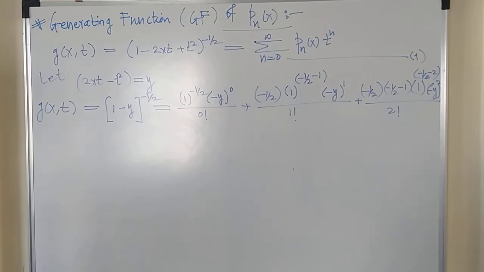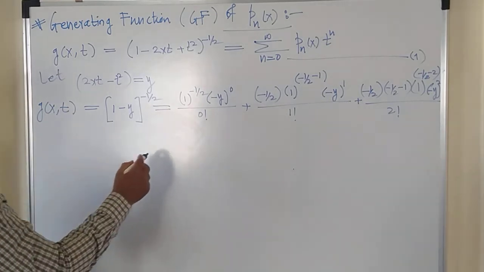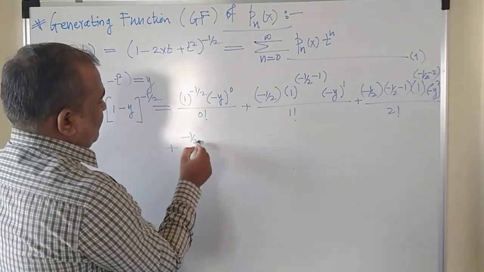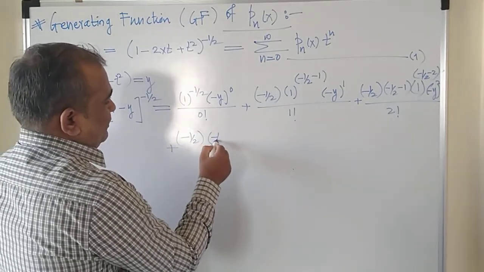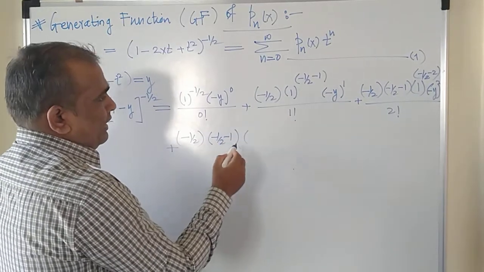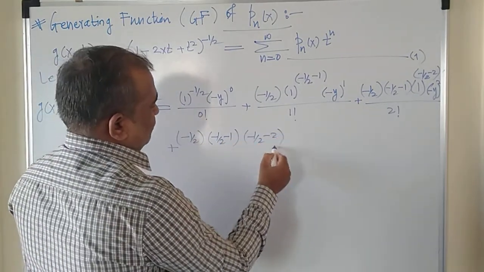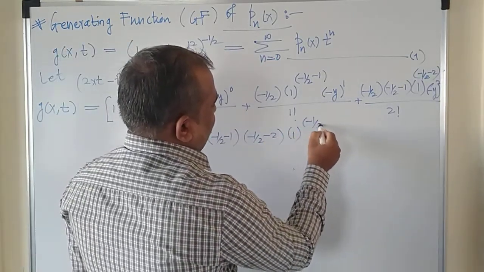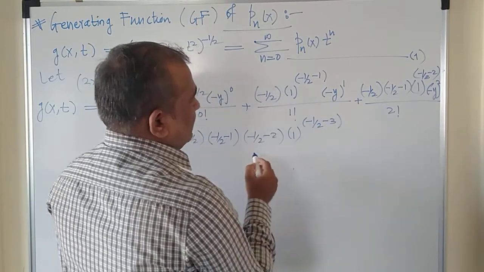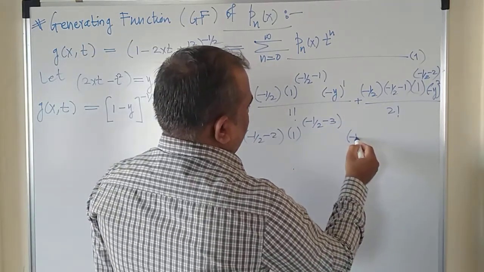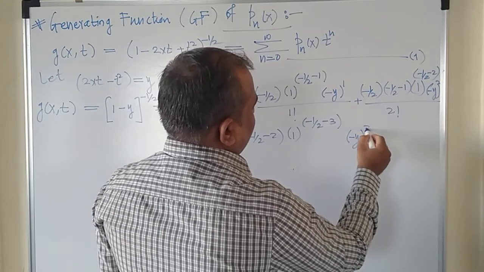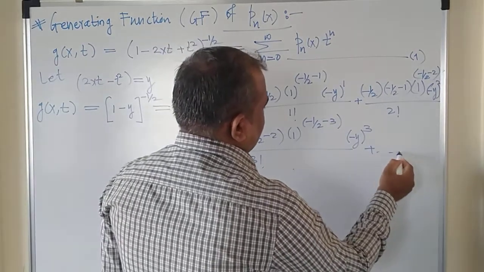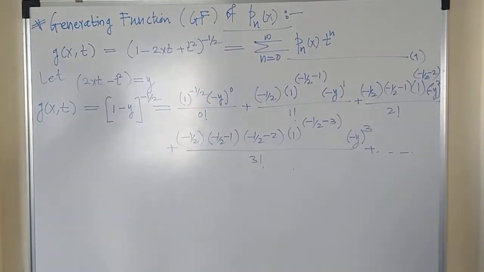So you will get the 3 polynomials. Let's write one more term, plus the next term will be equal to minus half minus 1, and next is minus half minus 2, and a raised to power n minus 3, minus half minus 3, into b raised to power 3 divided by 3 factorial, plus next terms, right?